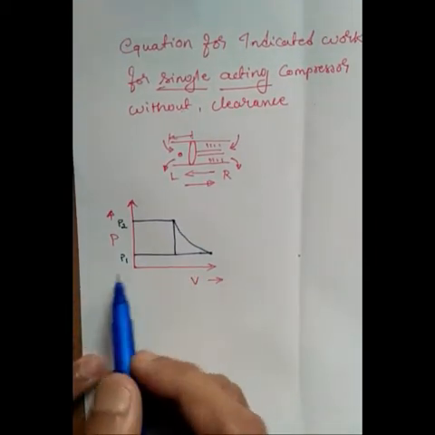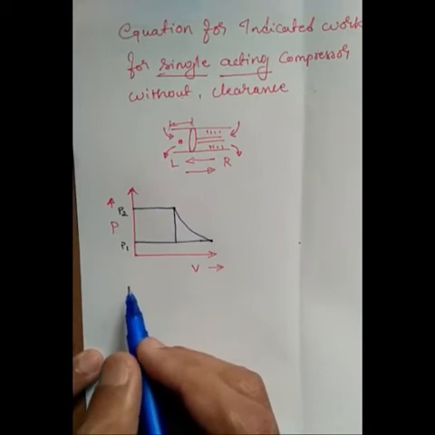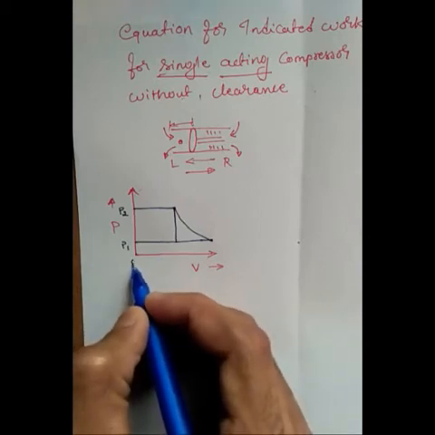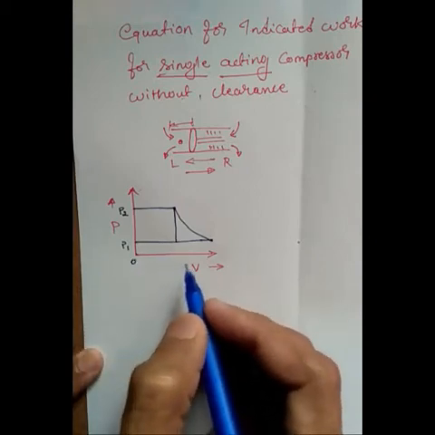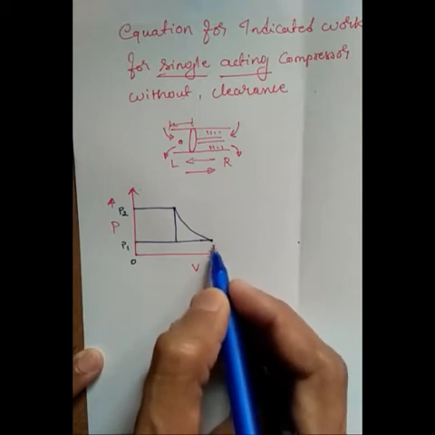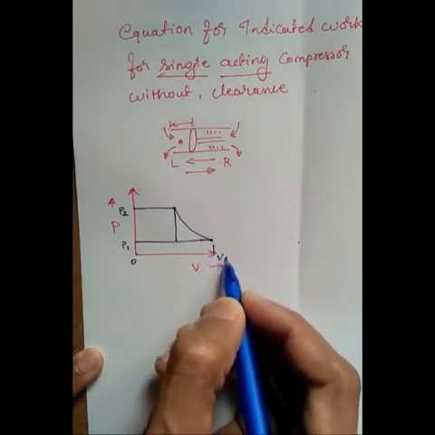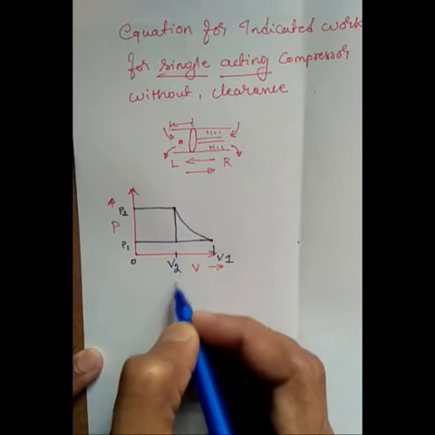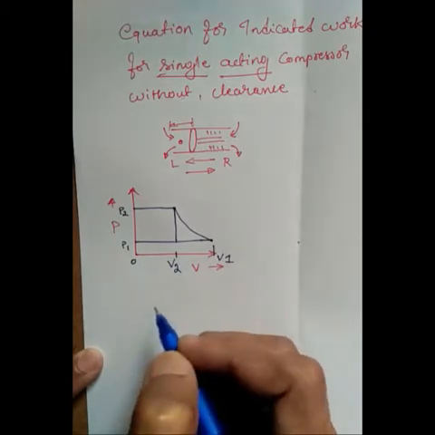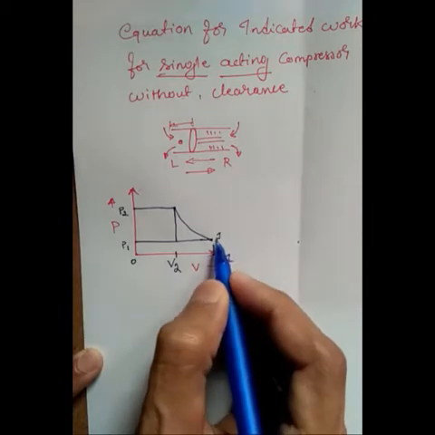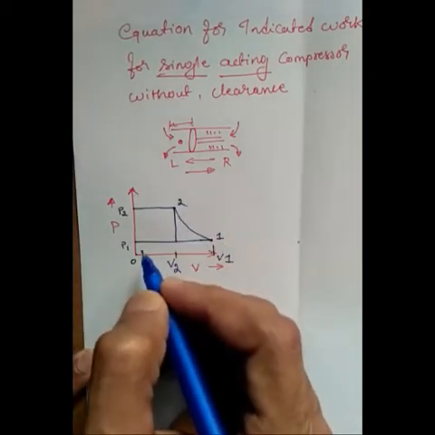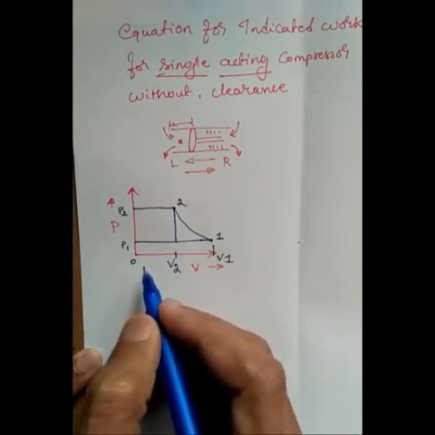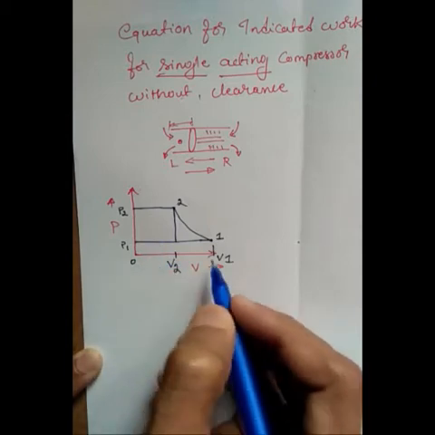What we have to do now is first mark these points. Let us mark this point as 0, this point as V1, and this point as V2, then mark these as 1 and 2, and then this point as D.